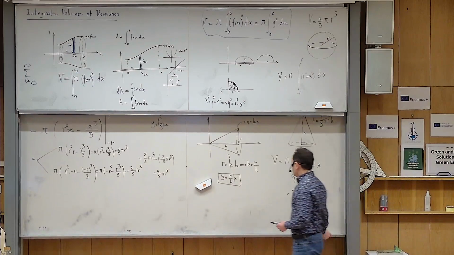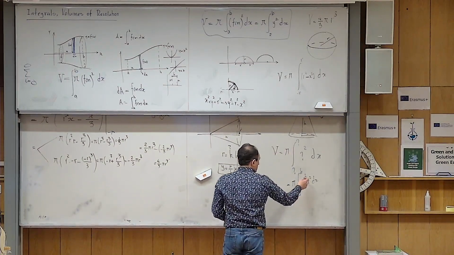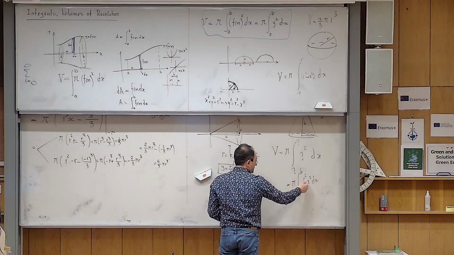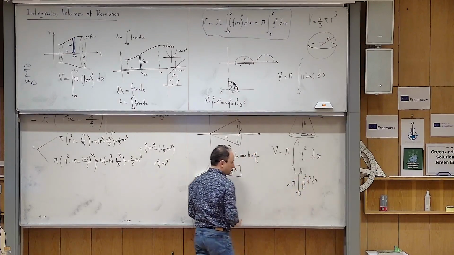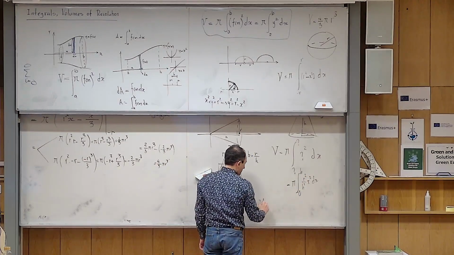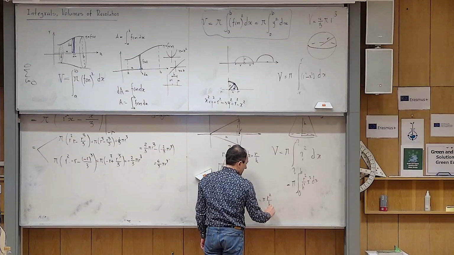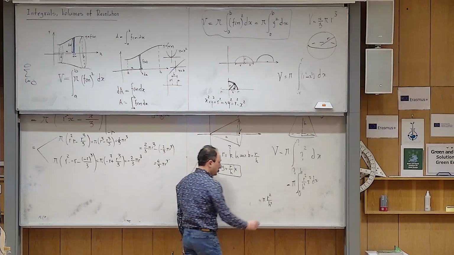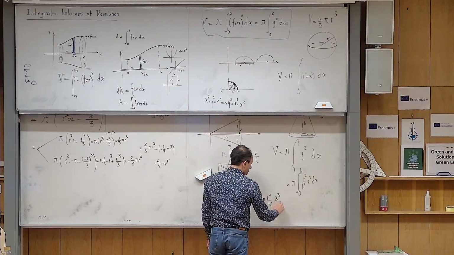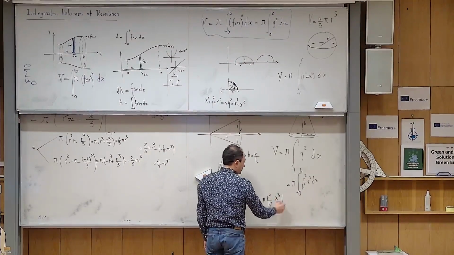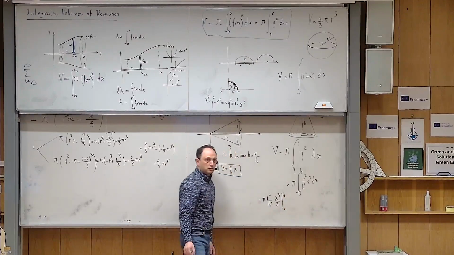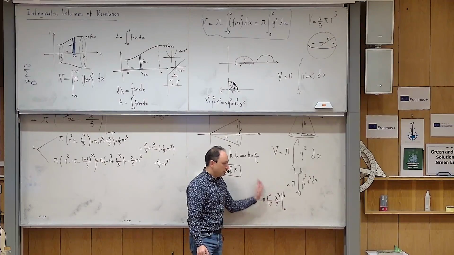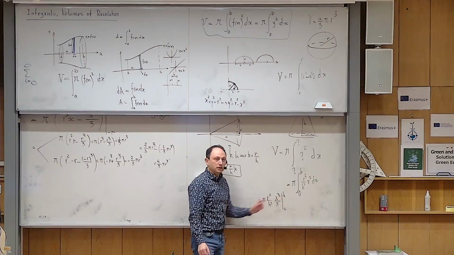Okay. Now let us calculate this integral. This is a simple integral. What should I do with r squared over h squared? These are constants, so this becomes a multiplicative constant. I don't care, I just pull it out. And then I ask myself, what is a primitive function for x squared? Extremely simple, x to the power of 3 over 3. And then I have to run it from 0 to h. And 0 is simple, because when I put 0, everything is gone. So what I care about is just putting h there.